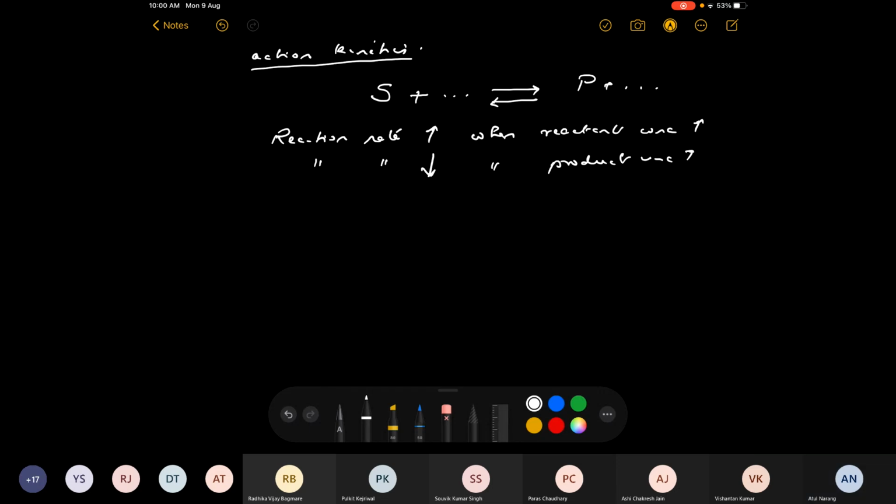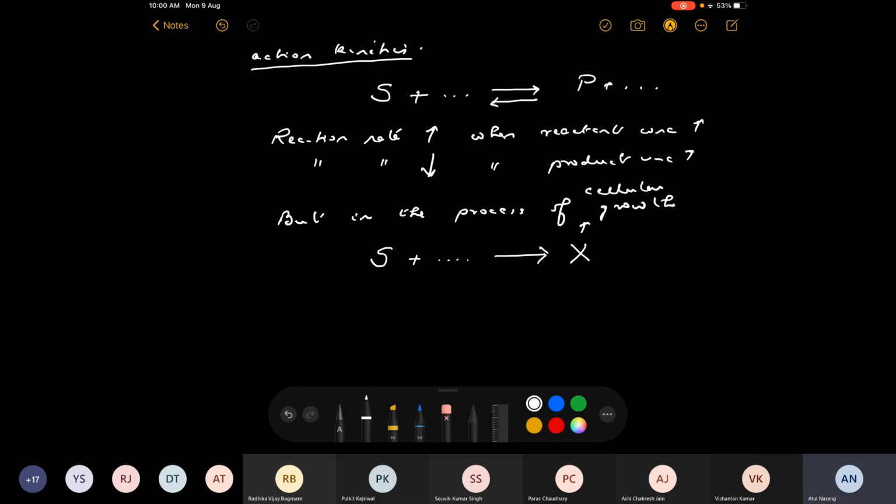For example, we will soon see, in the process of cellular or microbial growth, you typically have a reactant that is some substrate, which could be glucose or galactose or anything like that, and that gives you X, which is used to denote biomass.